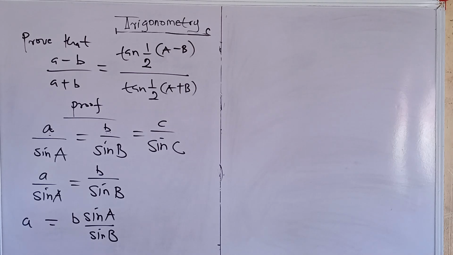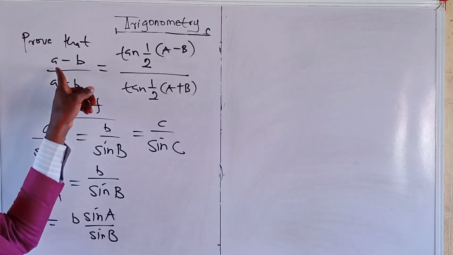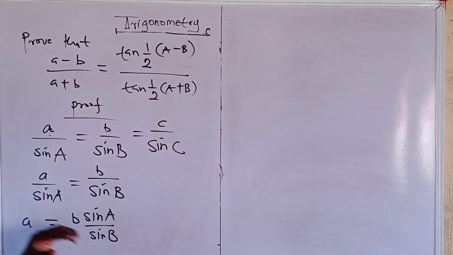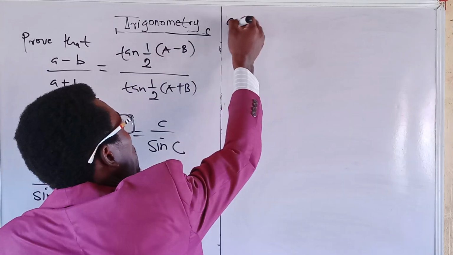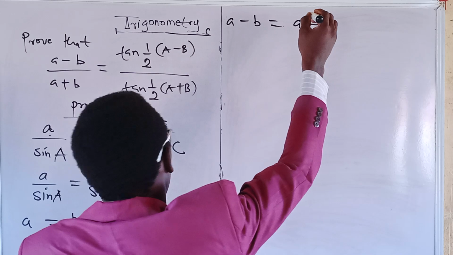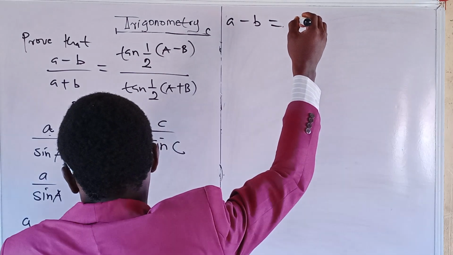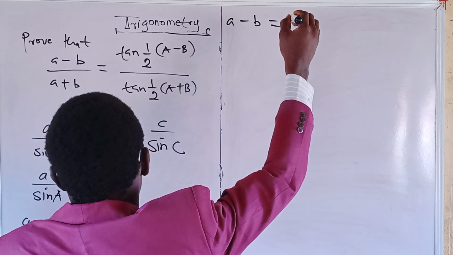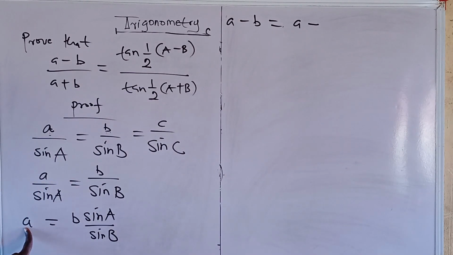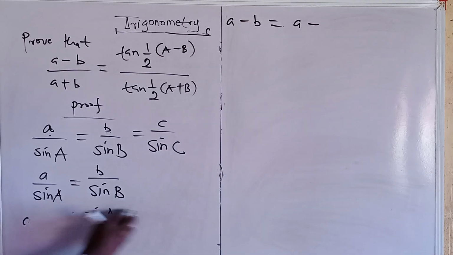All right, so we can now form expressions such as a − b and a + b. So let's form these expressions now from what we've established. So we shall now have that a − b is equal to... sorry for this, rather than making a the subject of the formula, let us make b the subject. So in doing so, I will remove this from the board.